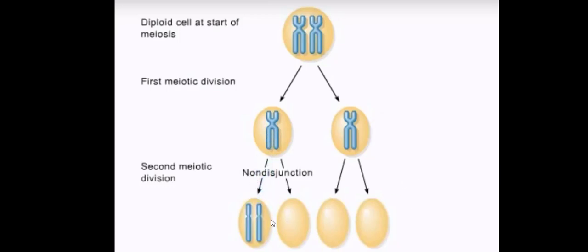Then 2 abnormal cells are produced, one having 2 copies of this chromosome and the other having none, and 2 normal gametes are produced that contain the normal chromosome.